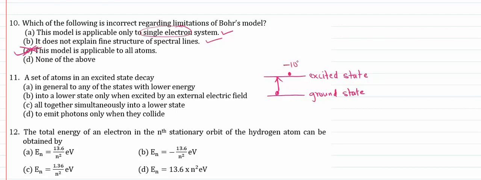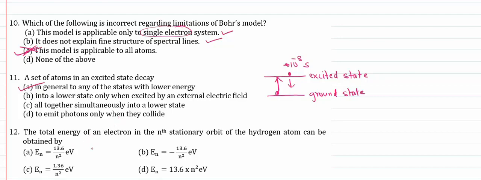Within 10 raised to minus 8 seconds, it comes back to its ground state or to the lower energy levels. So in general, to any of the states with lower energy. If it is in an excited state, it will automatically come to the lower energy levels.